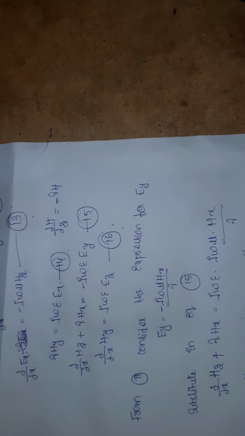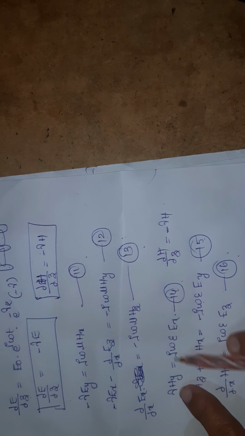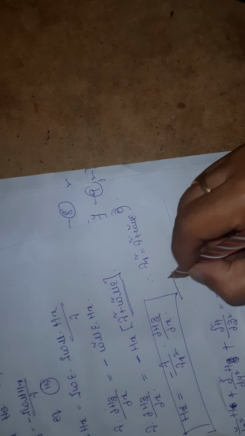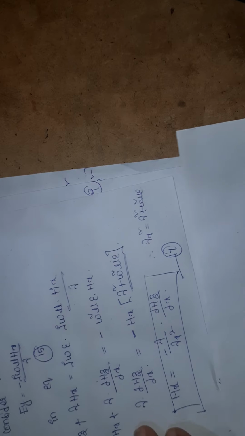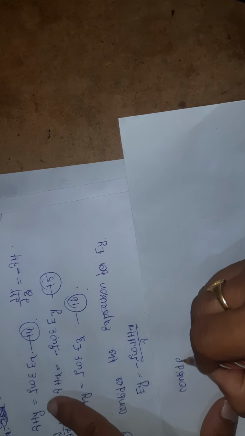Similarly, you have to consider hy from equation 14 and substitute this hy in equation 12. Okay. So consider this as equation 17. This is hx. Already I got hx, one component. Now consider hy.